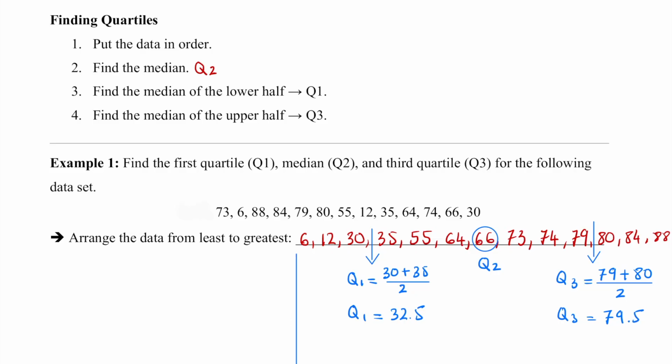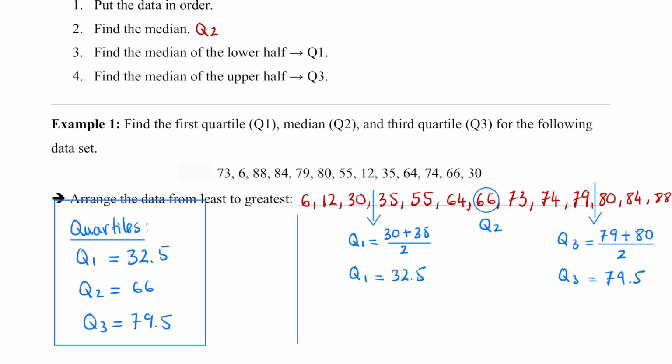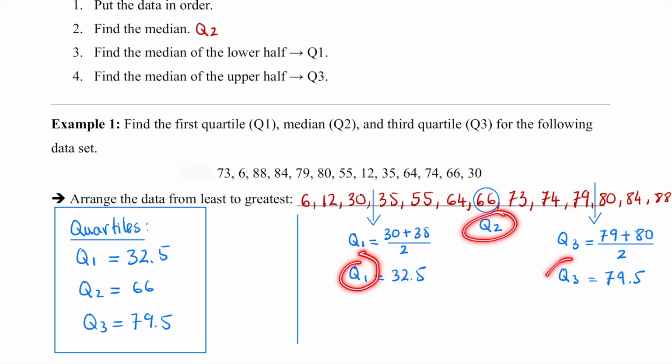So our quartiles are: Q1 is 32.5, Q2 is 66, and Q3 is 79.5. Notice that Q1, Q2, Q3 divide the ordered data into 4 sections. Each section contains approximately 1/4 of the observations.